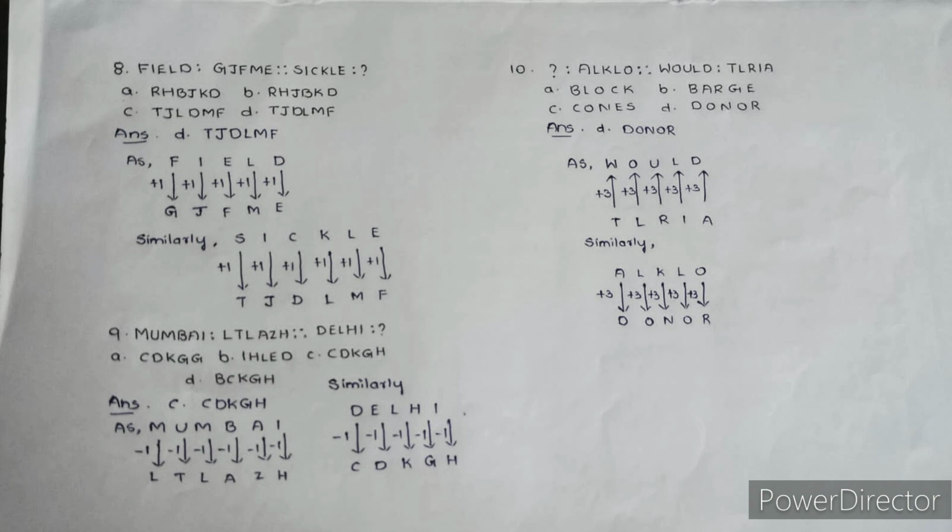Similarly, if you add 3 for A, you get D, and for L you get O, and for K you get N, and for L you get O, and for O if you add 3, you get R. So the answer is DONOR, which is option number D.